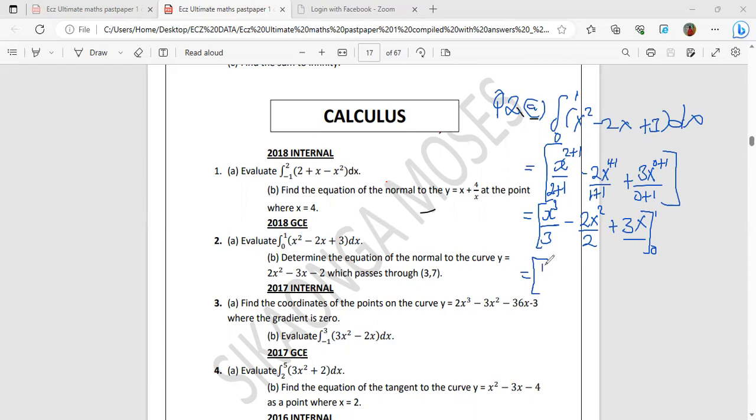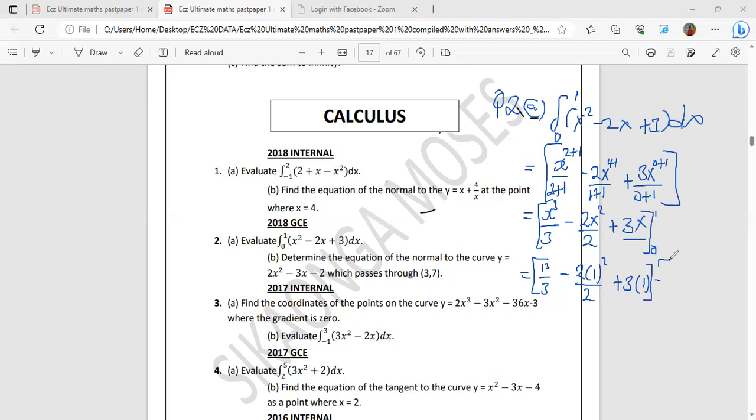So we're going to have 1 to the power 3 over 3 minus 2, 1 squared over 2, plus 3. You place a 1 there.